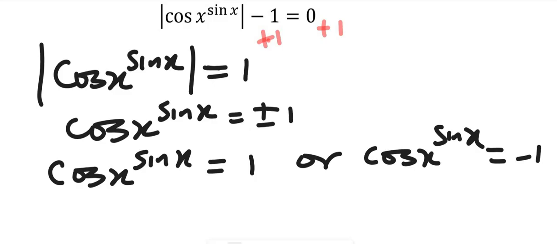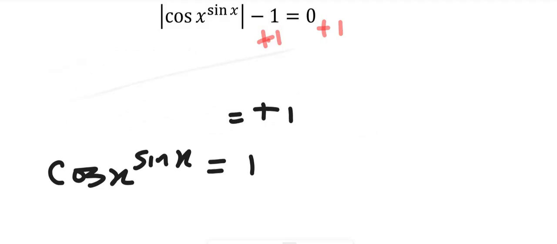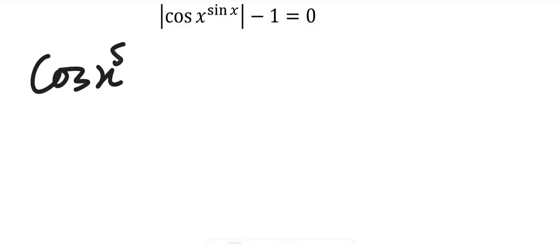So I have two equations that I'm going to solve. I'll pick the equations one by one. I'll start with the first one, which is cos x to the power of sine x is equal to 1.